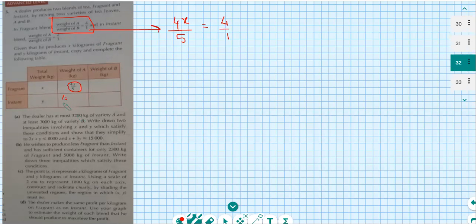So we get 4 over 5x divided by 4, or you get 1 by 5x.